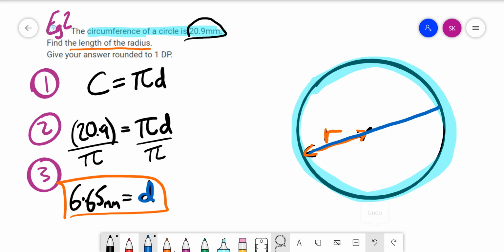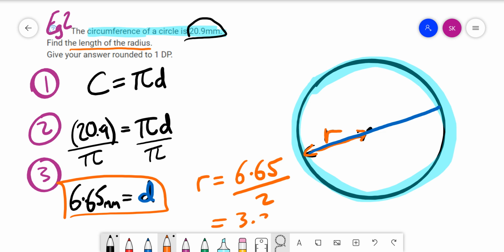So if we know the diameter is 6.65, the radius is going to be 6.65 divided by 2, because the radius is half the diameter. So I do 6.65 divided by 2 in my calculator, and I get 3.3 millimeters to 1 decimal place, which is what the question is asking me for.